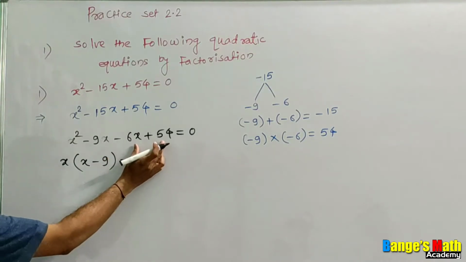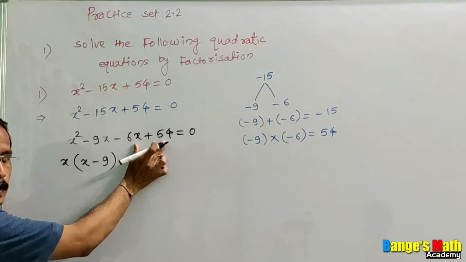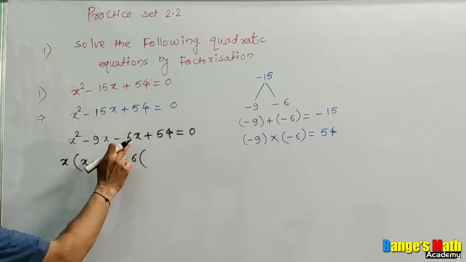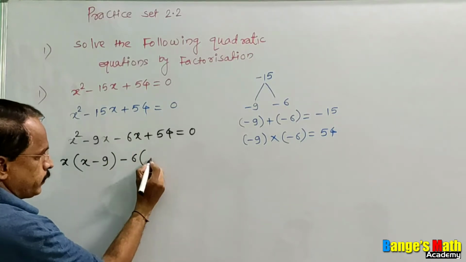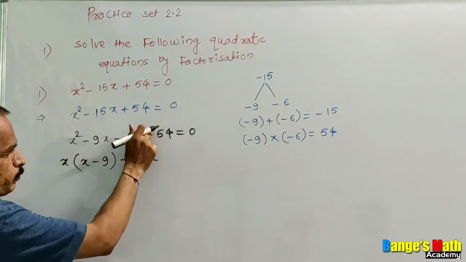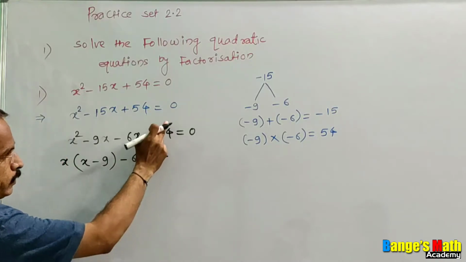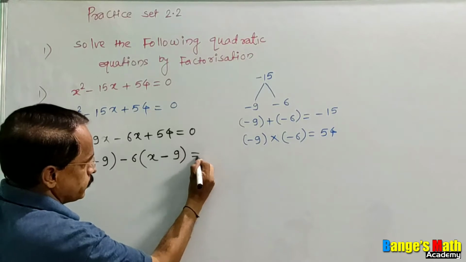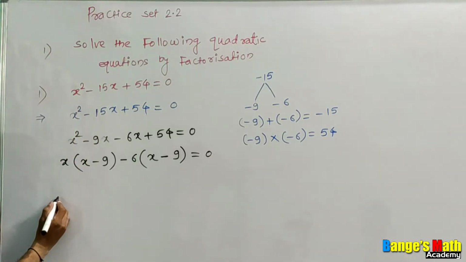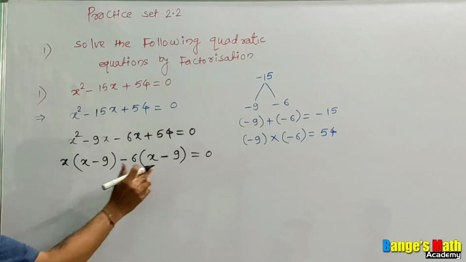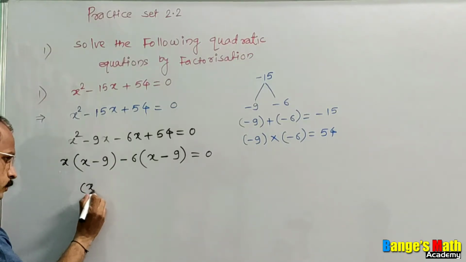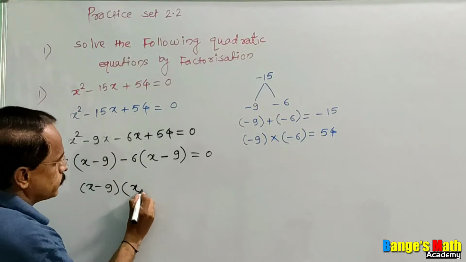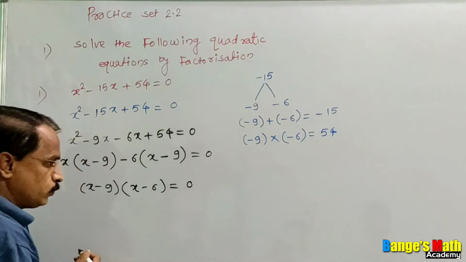From these two terms, we can take 6 as a common factor. 6 into bracket, then divide 6x by 6, we get x, minus into plus minus, then divide 54 by 6, 6 9s are 54, is equal to 0. Then see, x minus 9, there are two brackets, take one bracket x minus 9 and in other bracket x minus 6 is equal to 0.